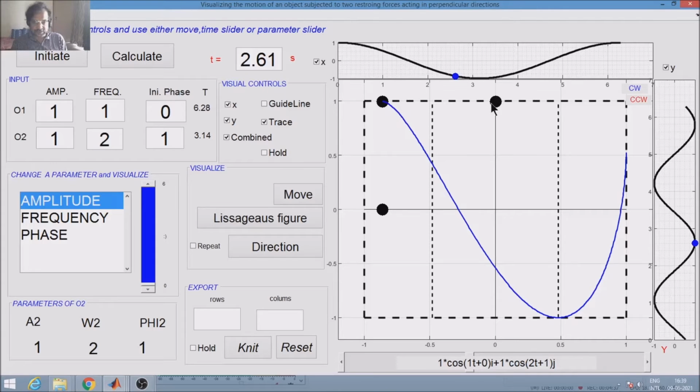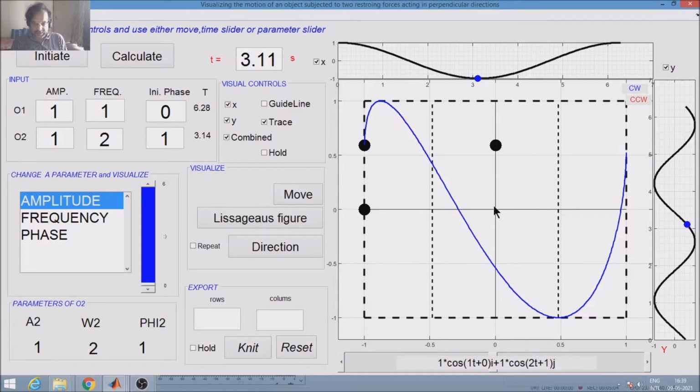When y is at the maximum, x is still to complete its journey towards its left extreme. So this will keep going this side. So this is the point at which x has reached its extremum, and y has completed its one full oscillation.